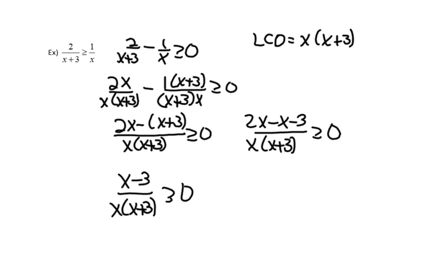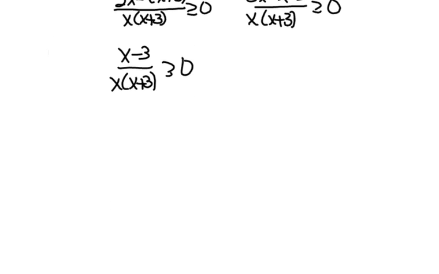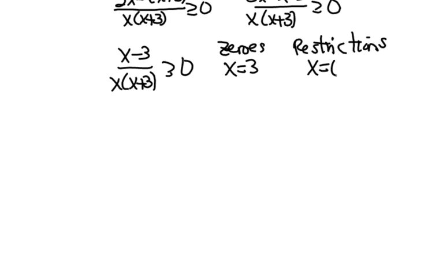Okay, now I finally have one rational inequality here. Okay, so again, I can identify my zeros. Okay, again, that's the numerator. That's x equal to 3. And my restrictions. So now I'm going to put all of these on a number line.